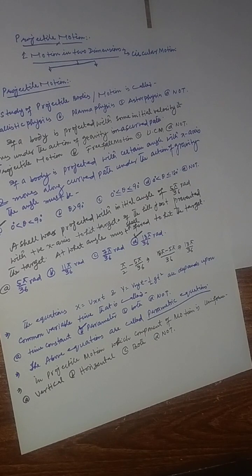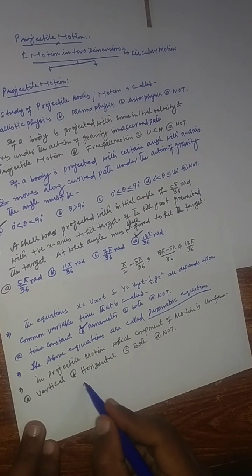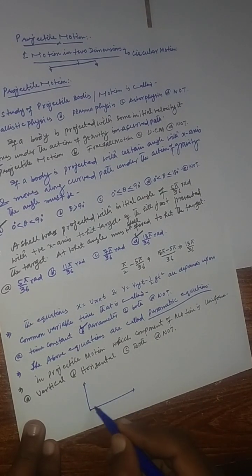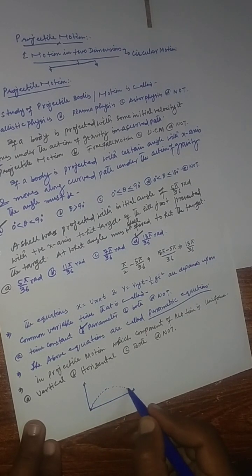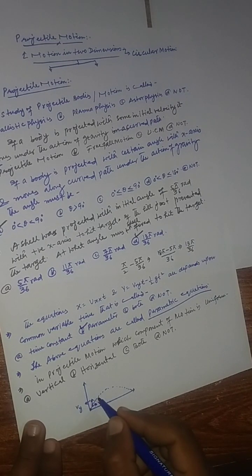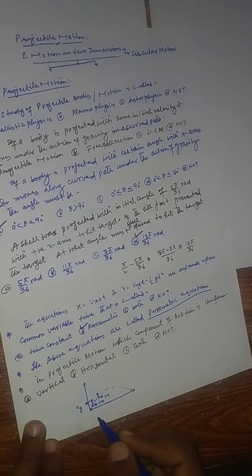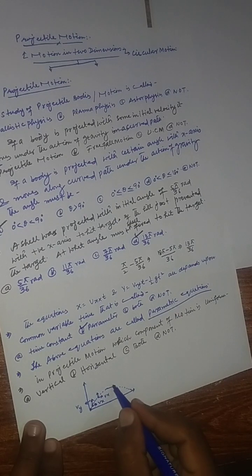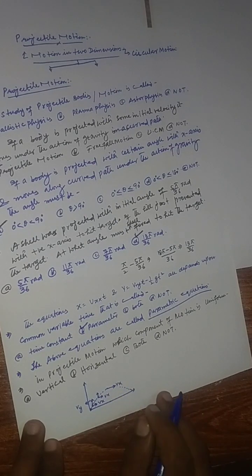So as we take, let's say this is the projectile motion. It has velocity components Vy and Vx. At this point, Vy is decreased, and it has a Vx component.